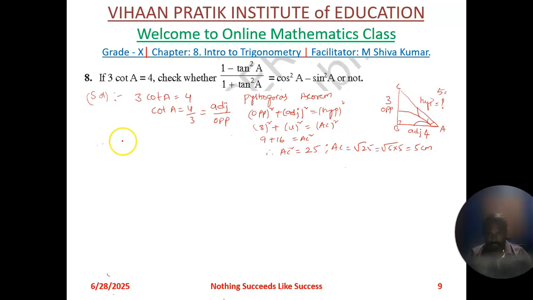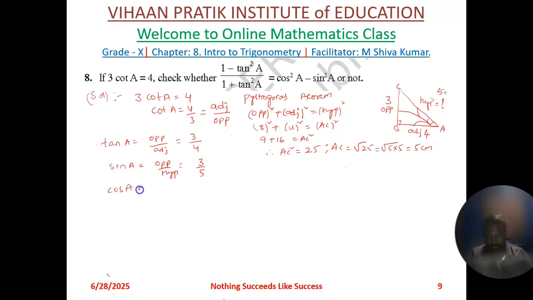Right. Now we need to find the trigonometric ratios. Tan A is opposite by adjacent, reciprocal of cot, so it will be 3 by 4. Sin A is opposite by hypotenuse, which is 3 by 5.